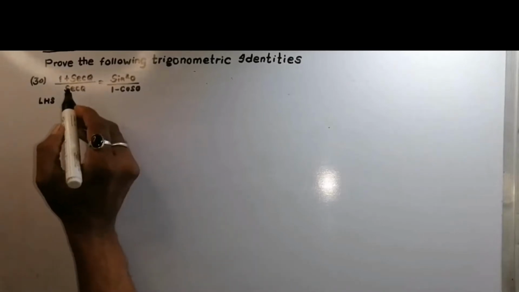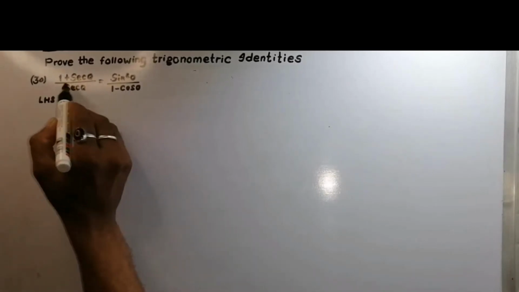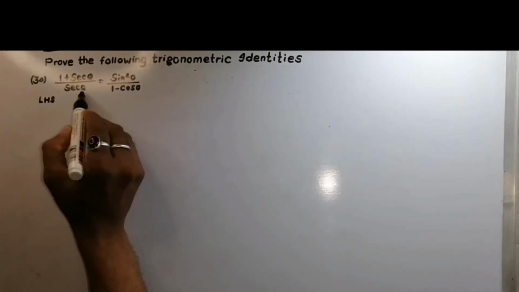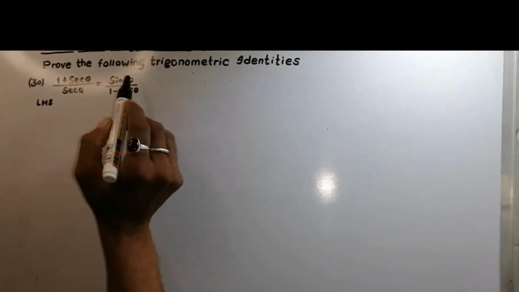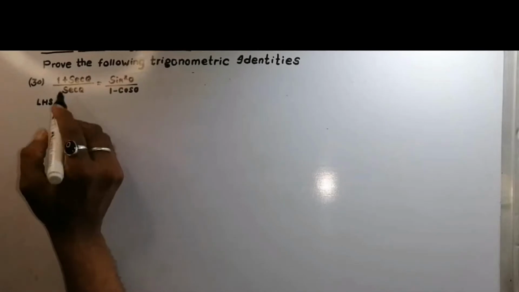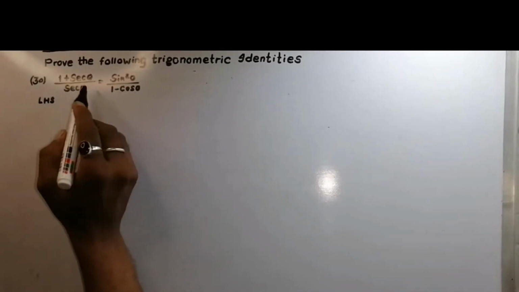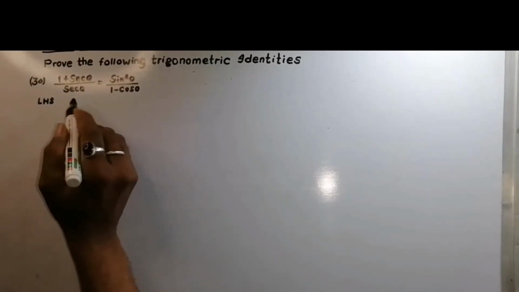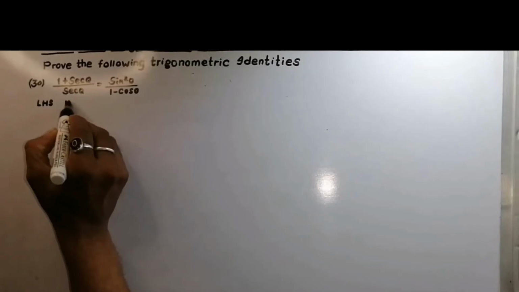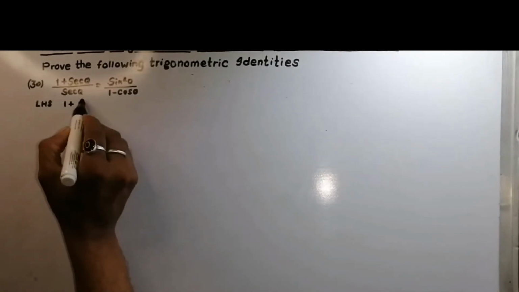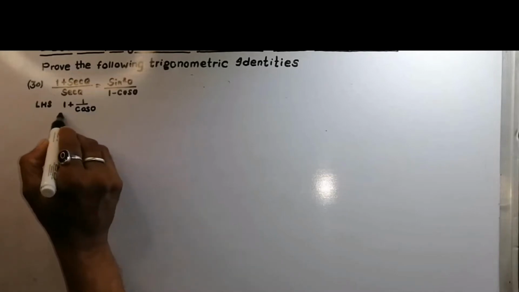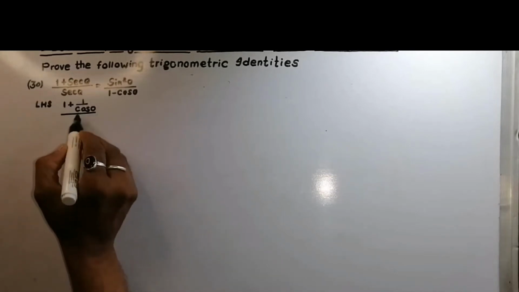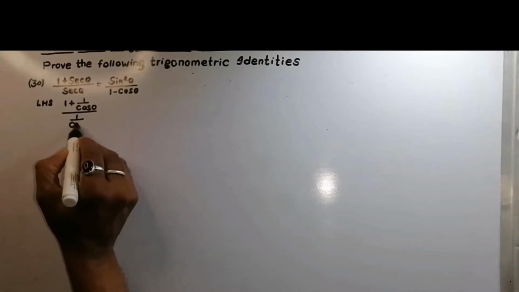And in question number 30, it is asked: (1 plus sec theta) upon sec theta is equal to sin square theta upon 1 minus cos theta. Proof. So in the left hand side, it is 1 plus sec theta by sec theta. We can write 1 plus sec theta as 1 plus 1 upon cos theta, and sec theta again as 1 upon cos theta.